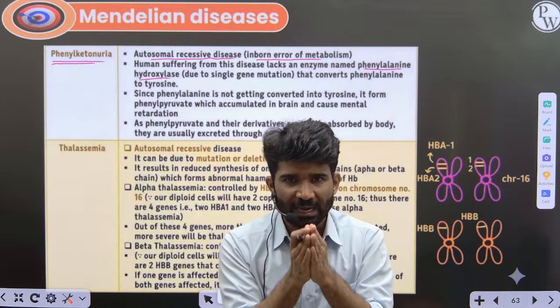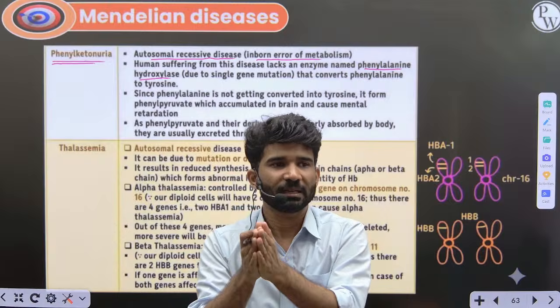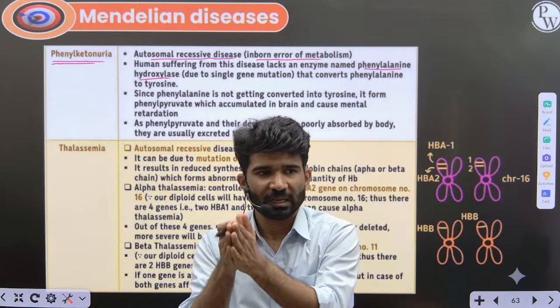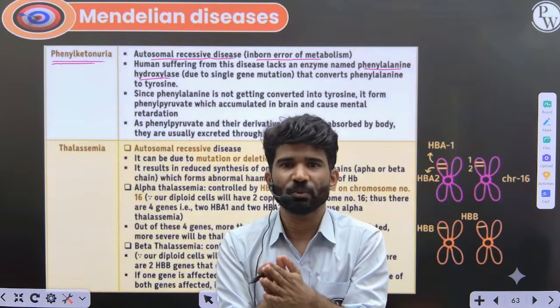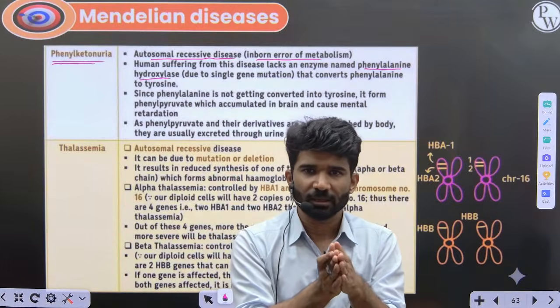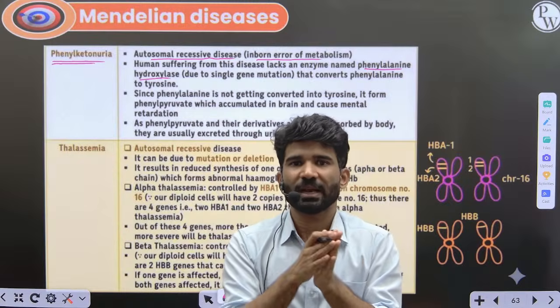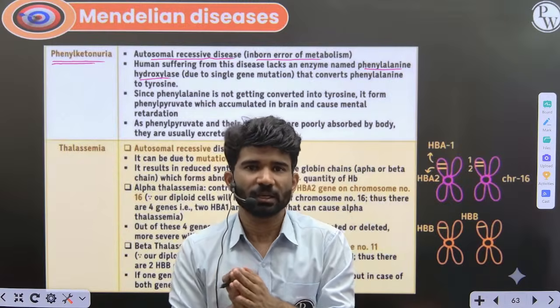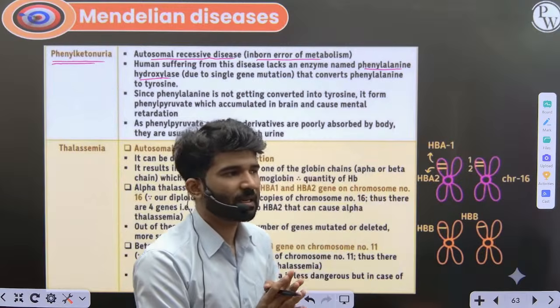If the person lacks this enzyme, phenylalanine is not converted into tyrosine. Instead, it becomes phenyl pyruvate, which accumulates in the brain and causes mental retardation. Excess phenyl pyruvate is excreted through the urine. It also affects skin coloration.